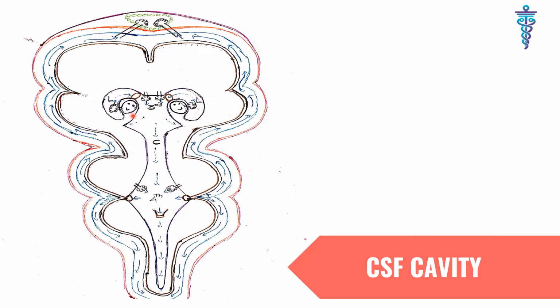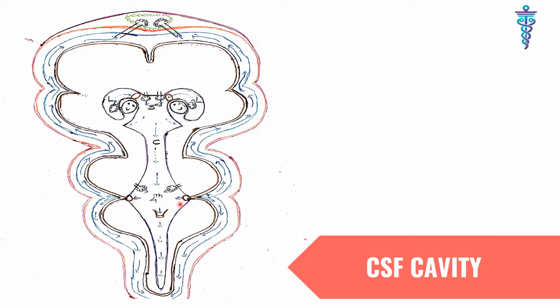Then the third ventricle communicates with the fourth ventricle by the cerebral aqueduct, or we can also say the aqueduct of Sylvius, which is developed by the mesencephalon. Then the fourth ventricle forms between the pons and medulla oblongata, and is diamond shaped. At the roof of the fourth ventricle, there are three apertures, we can say foramina also.